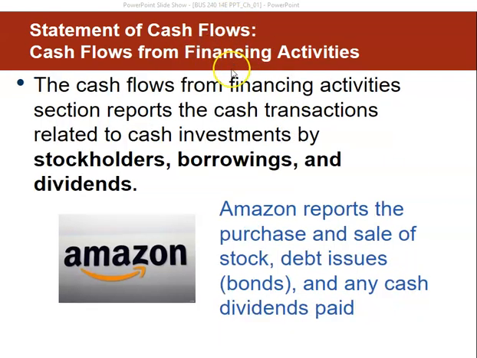Okay. And then finally, we have financing activities. It says that the cash flows from financing activities reports cash transactions related to cash investments by stockholders. That's what we saw with Chris Clark when he started the company. Borrowings, for our purposes, let's just talk about, say, a bank loan.